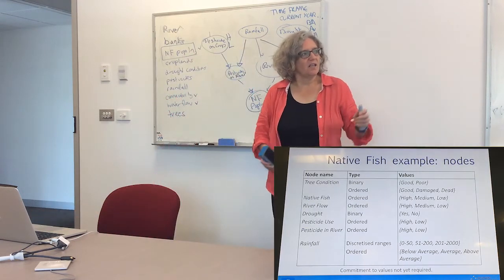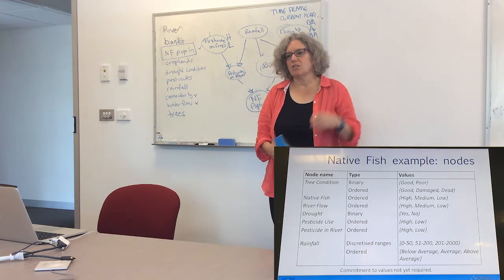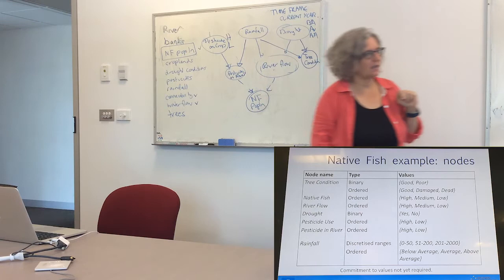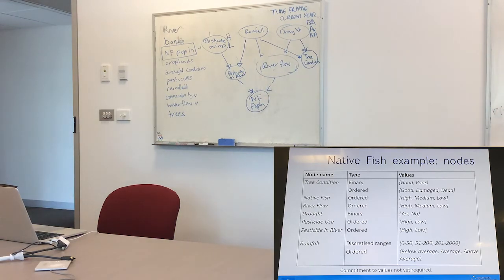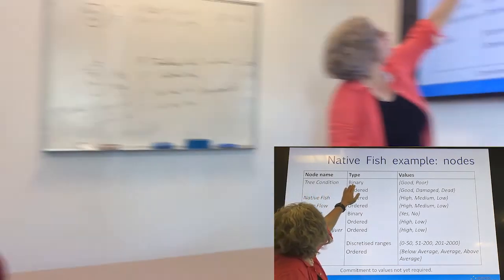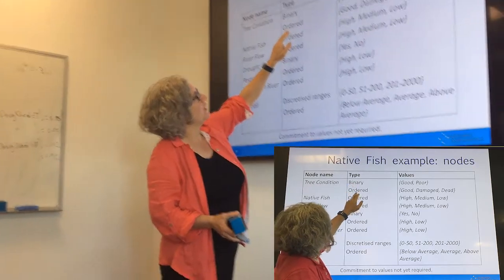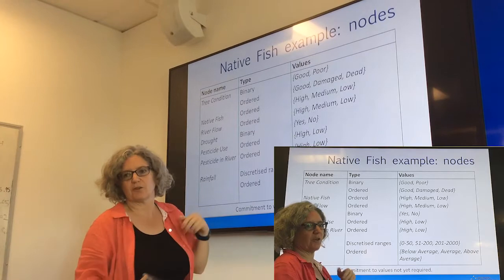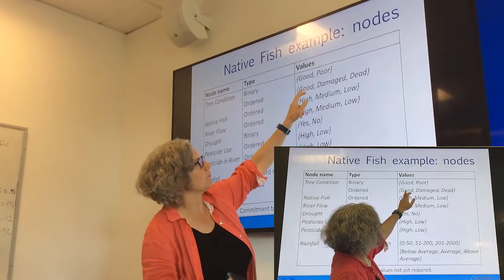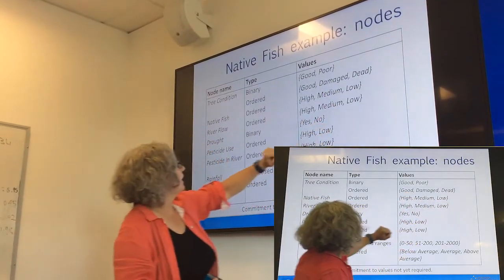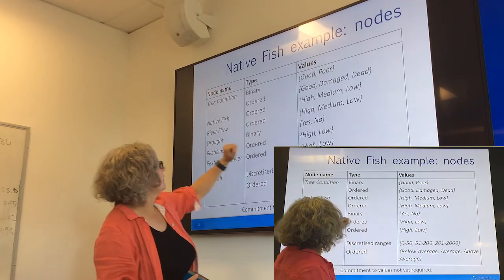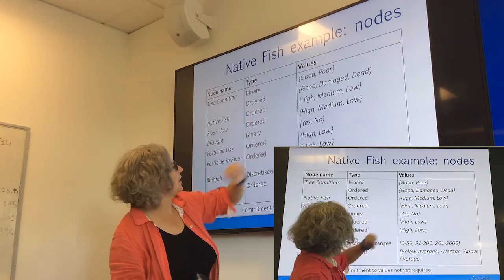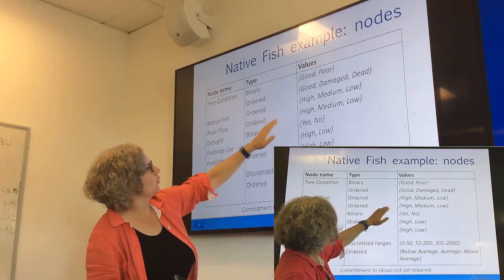So here's how you would go through, and for each of the nodes you make a decision on what the values might be. If you have a look here, you could have just a binary good/poor for the trees, or you could have an ordered one where there are three values with an implied order, even though they're not numerical, going from good to bad. I think we actually chose this one. The native fish: ordered, high, medium and low.